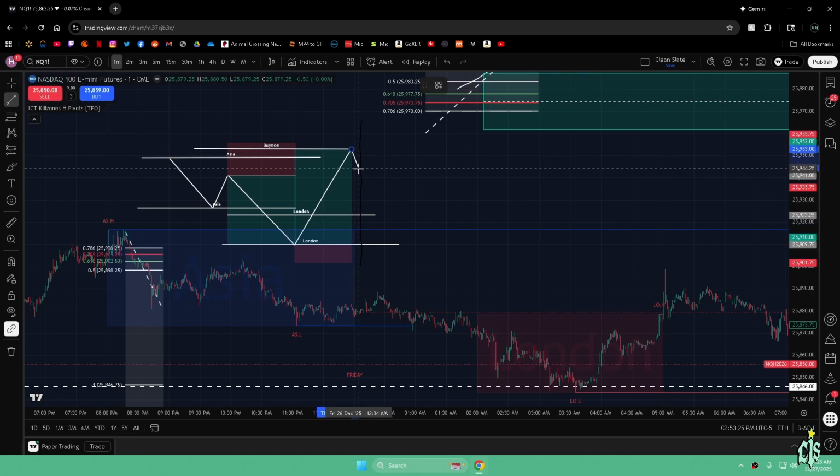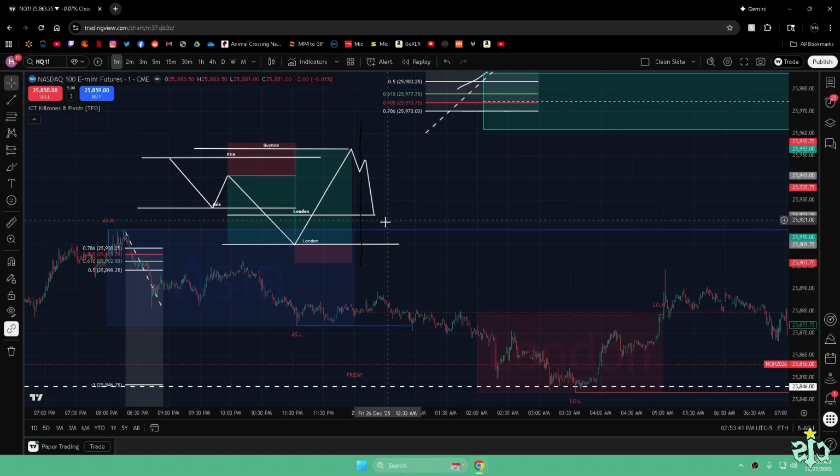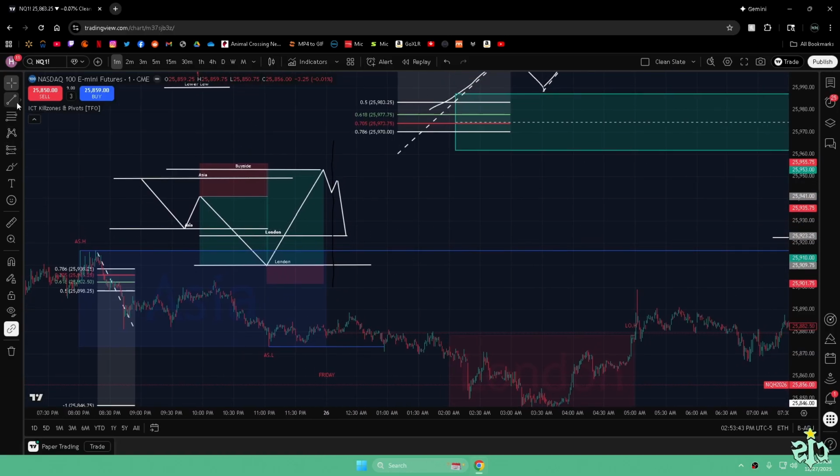So basically, this is the pullback. 9:30. What does it do? It wakes up here, right, into our OTE zone, and then it takes out London lows or London highs, barely, and then we get buy side taken, right?